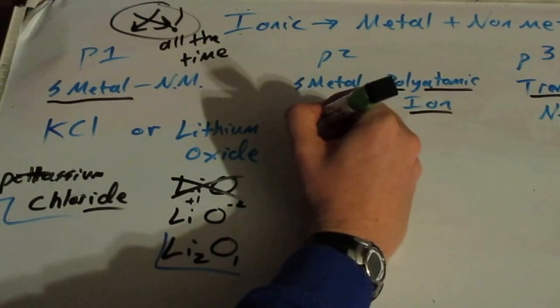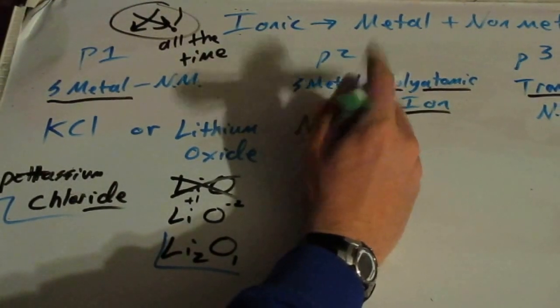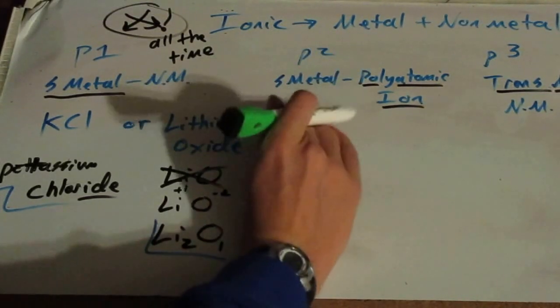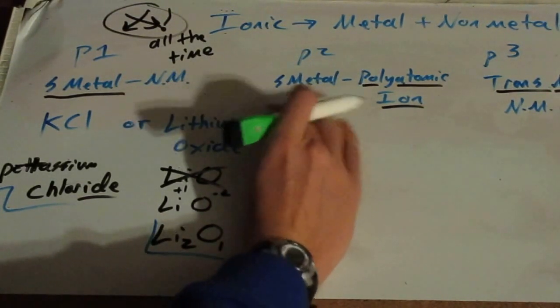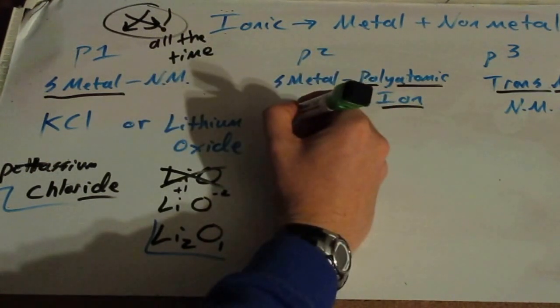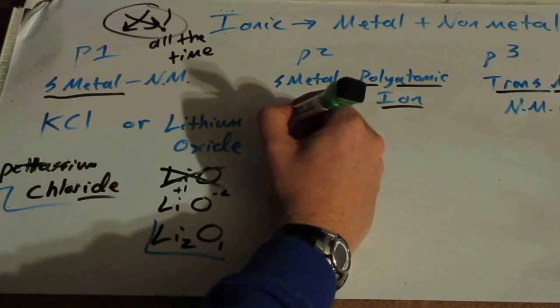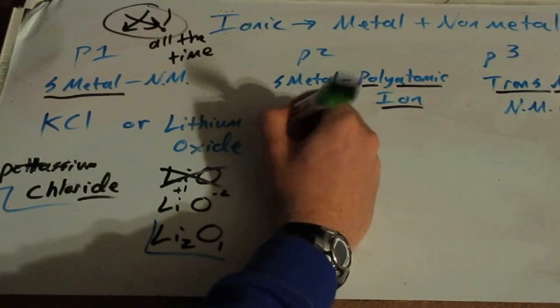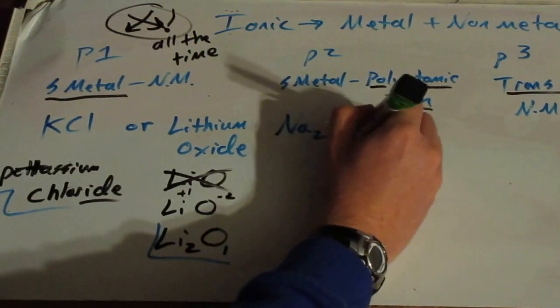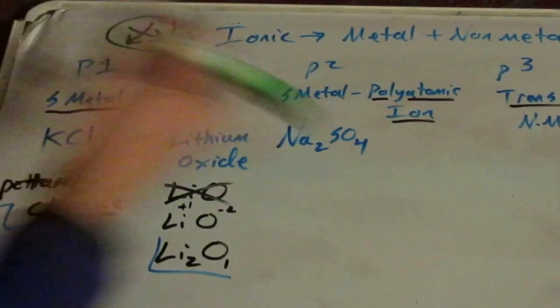Again, I might have something like Na. You know, let's not even do Na. Let's do something a little bit different. How about we do something like, yeah, you know what? Let's do that. And we're trying to put a hard one up. Na2SO4.